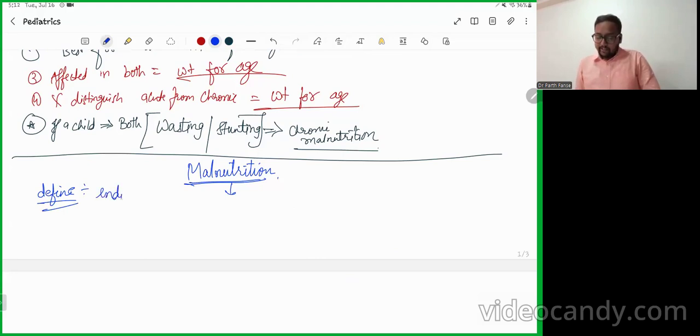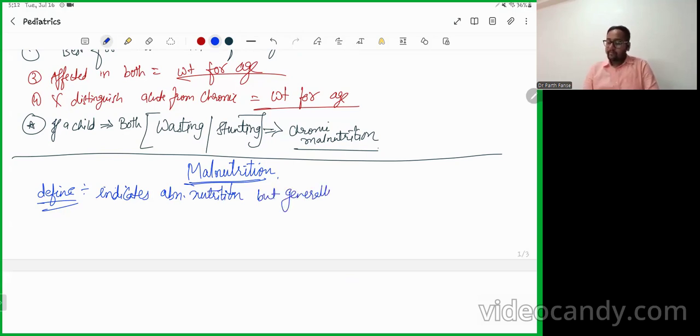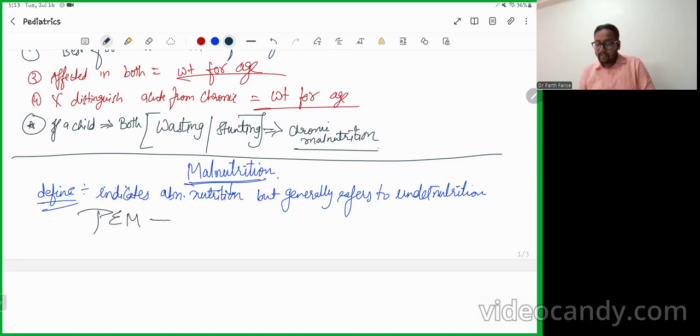It indicates abnormal nutrition, but it generally refers to undernutrition, and this is also called PEM, that is protein energy malnutrition.